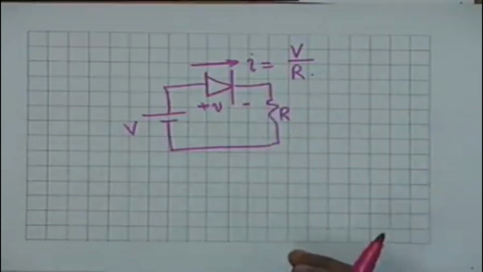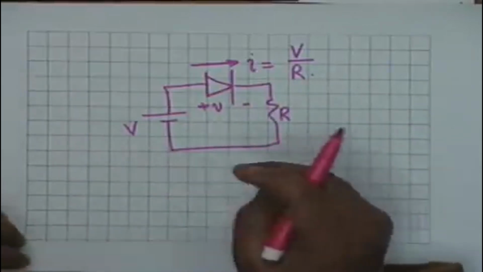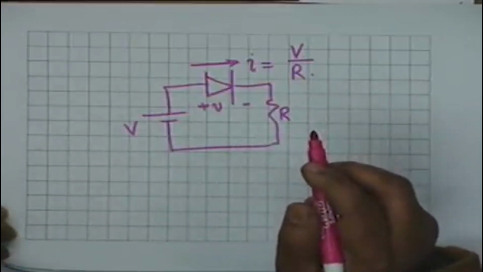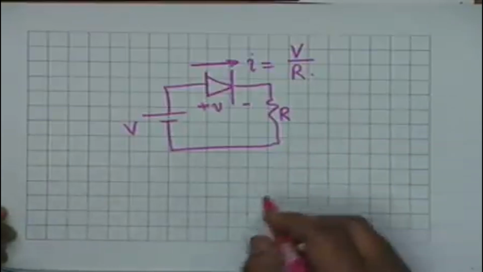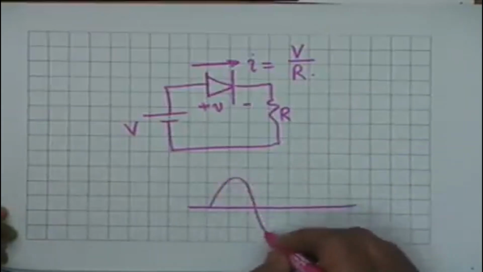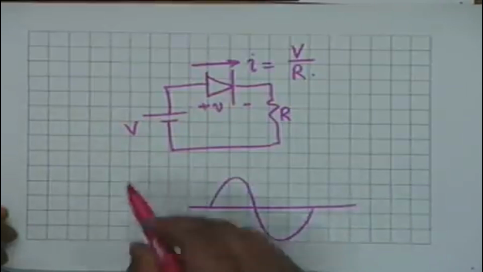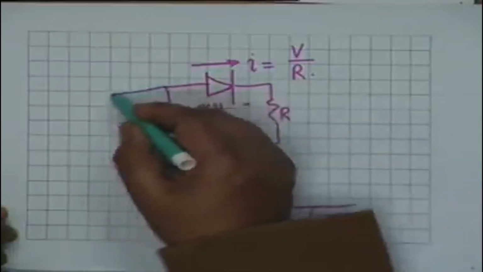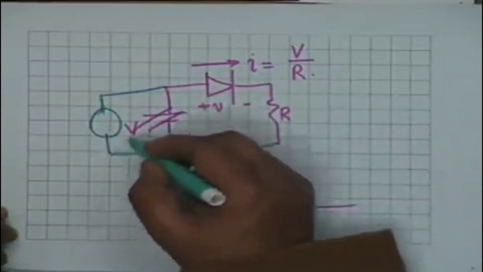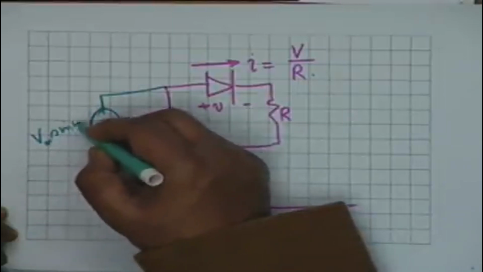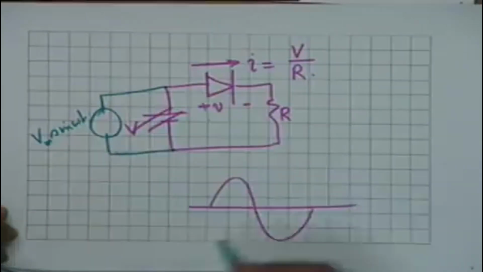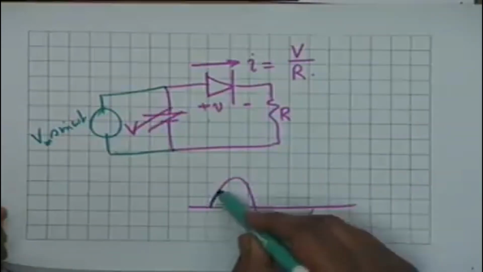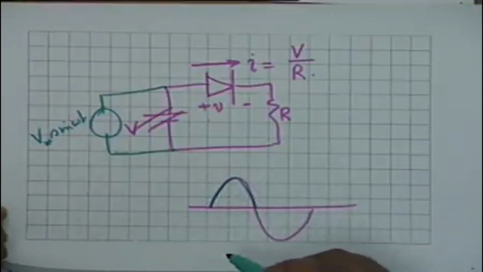Now, this preferential flow of current in a diode is utilized to convert an AC to DC. Suppose you have an alternating voltage like this. If this V is replaced by an alternating voltage, let us say Vm sin omega t, then the current in the circuit shall flow only during the positive half cycle, that is only during this cycle.